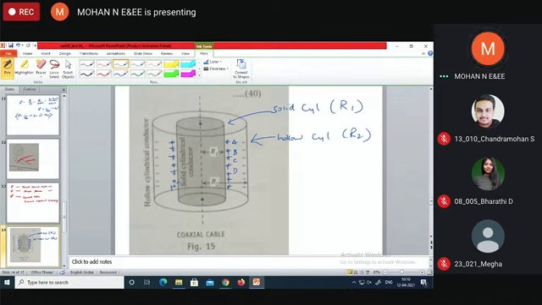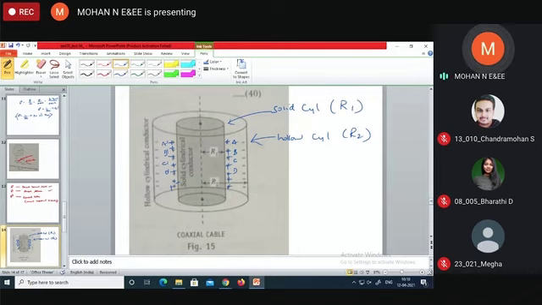Similarly at A dash, B dash, C dash. The electric field is radially outwards, and the field intensity will be the same.